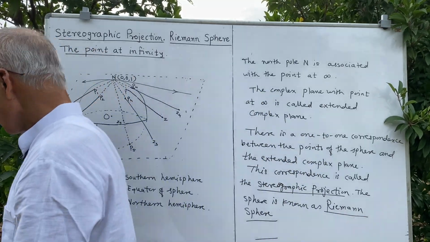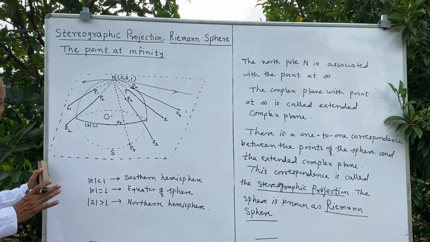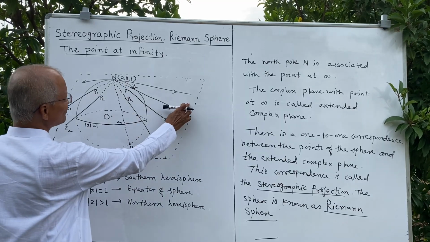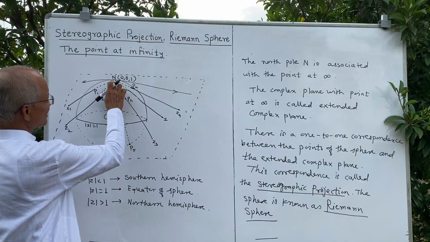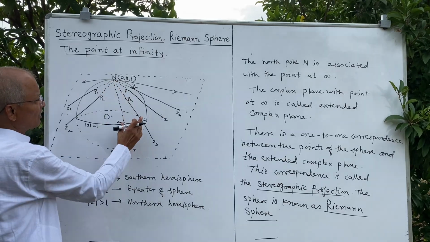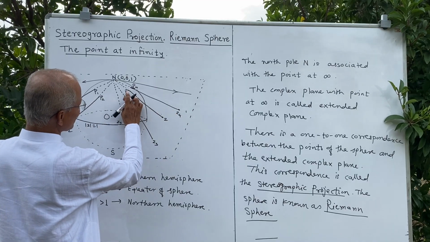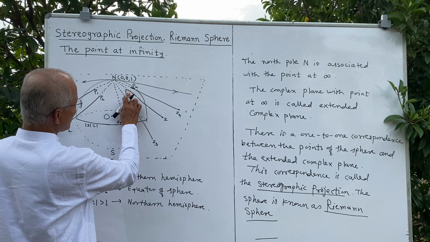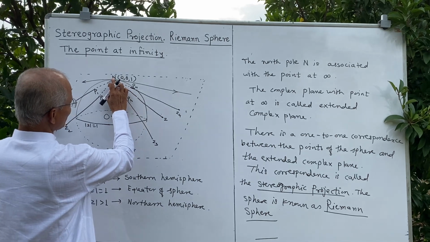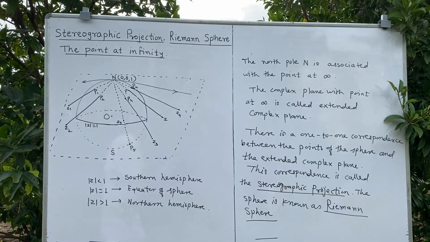Now, we shall consider some results regarding the point at infinity. Here we have introduced the point at infinity, which in this stereographic projection is associated with the north pole, because as the points move away, the corresponding point on the sphere will approach the north pole N. Now, we shall consider some results.